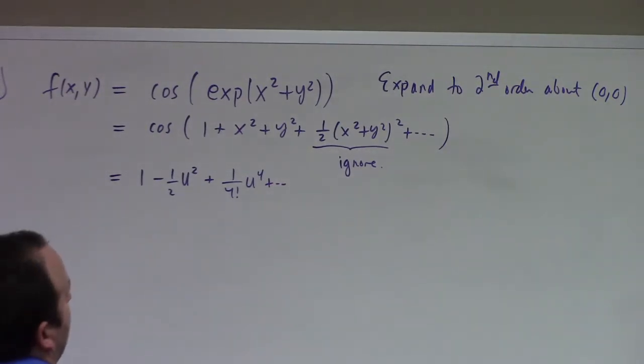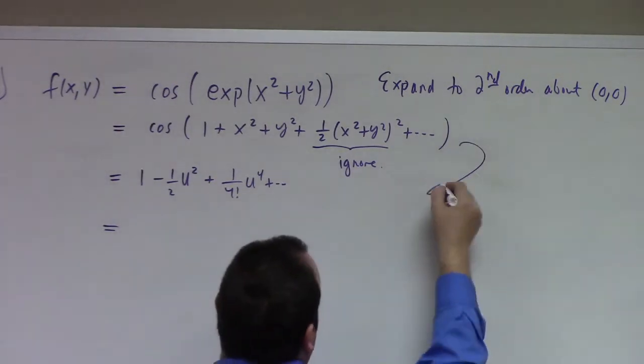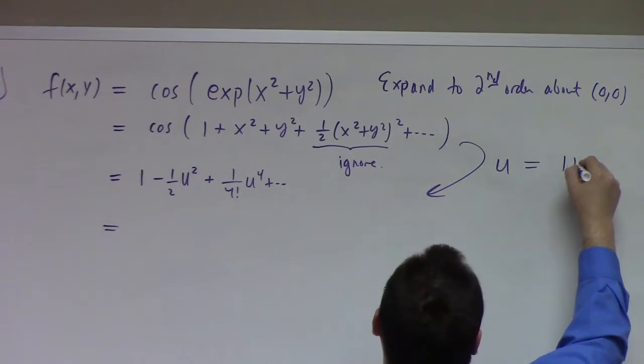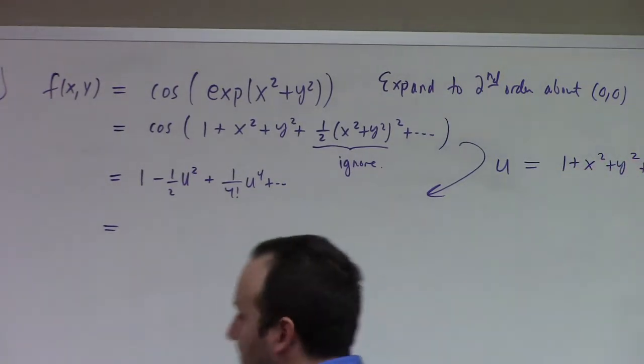Huh. You know, I may have to retract my statement. Maybe this actually is okay. So what's my substitution? u is equal to 1 plus x squared plus y squared plus dot dot dot.